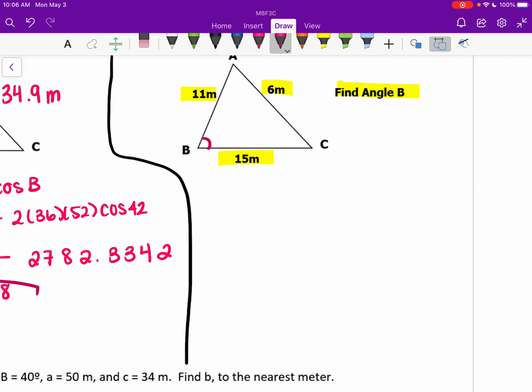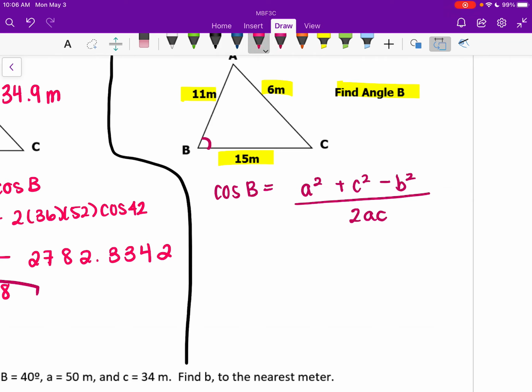So we're looking for cosine B. So I'm just going to go back and use my formula for cosine B, which I know is cos B is equal to A squared plus C squared minus B squared over 2AC. And before I get started, let's just label our sides. So I know this is angle B, so across from it will be side B. This is angle C, so across from it will be side C. This is angle A, so across from it will be side A.